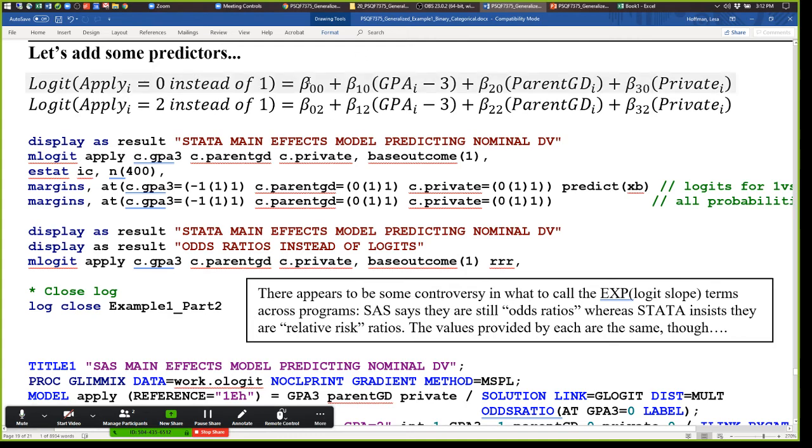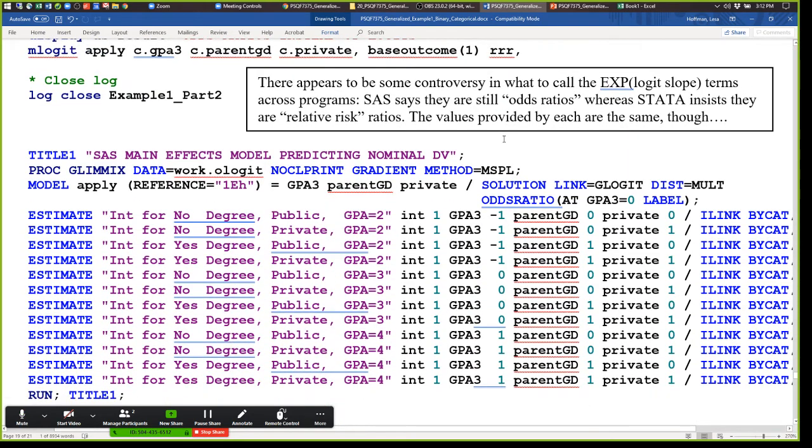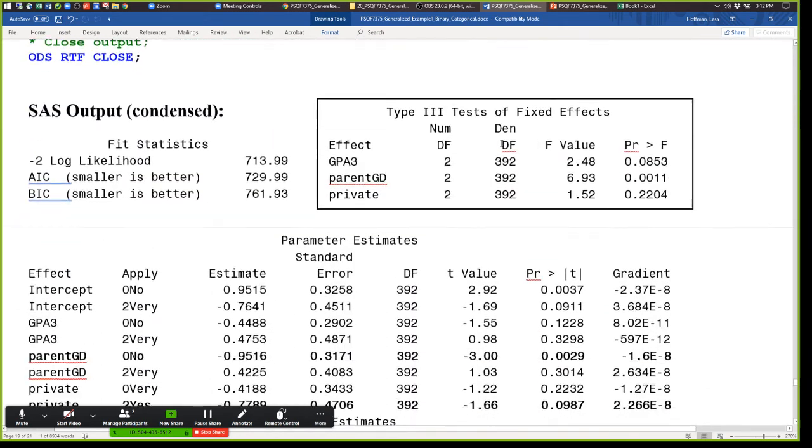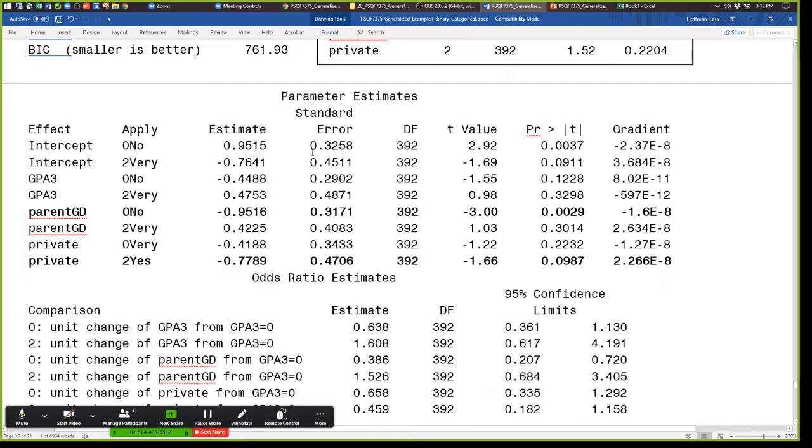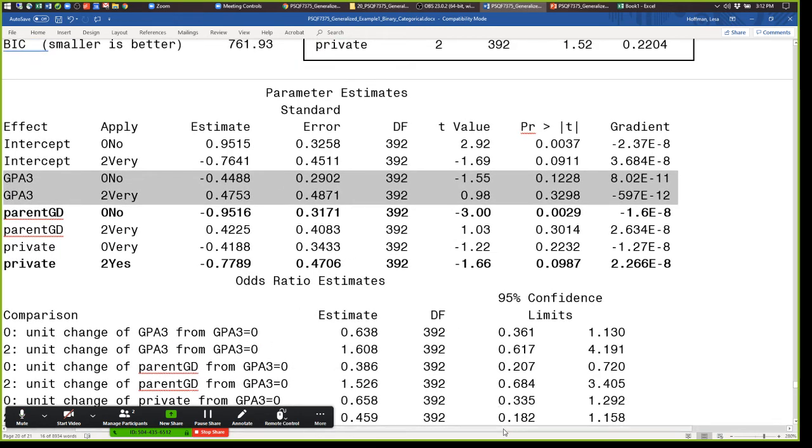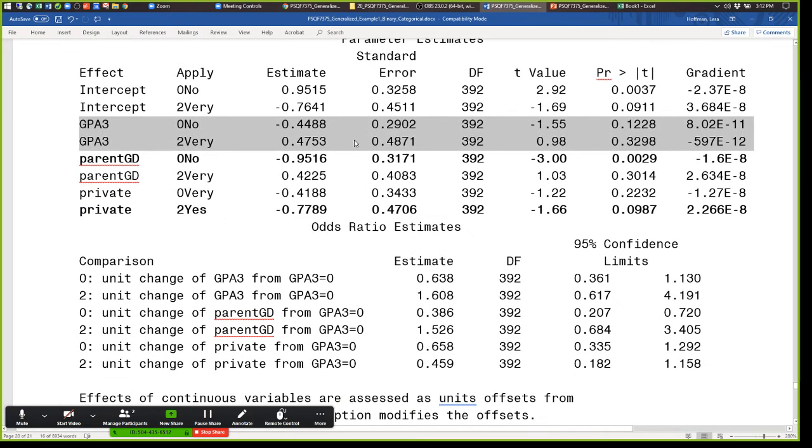If we fit the same model that we've been talking about, now with separate slopes, here's what we get. So for instance, the slope for GPA, there is no effect of GPA on the transition between maybe and no, it's non-significant, but it's in the direction you would expect.